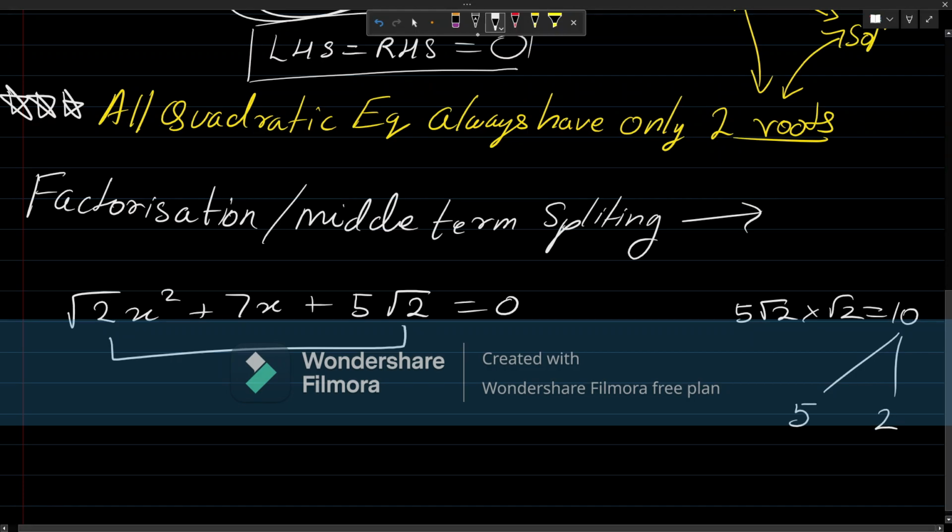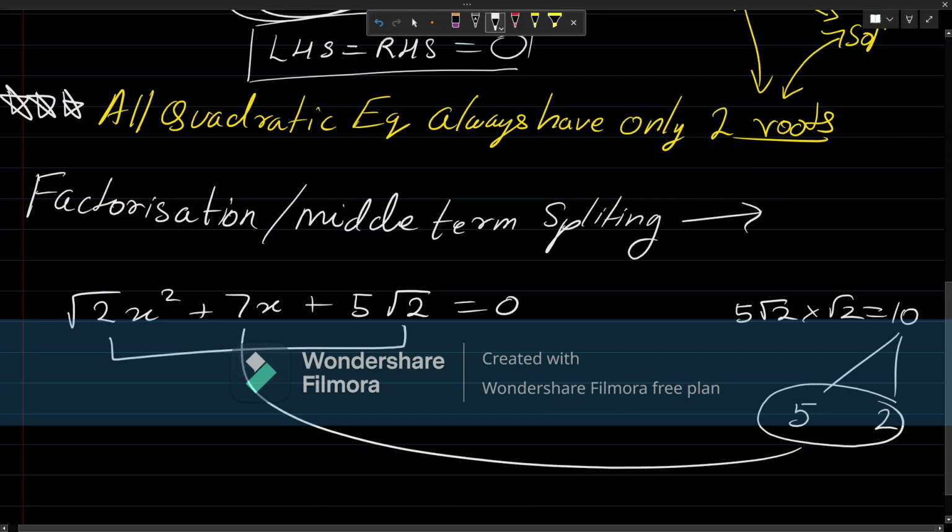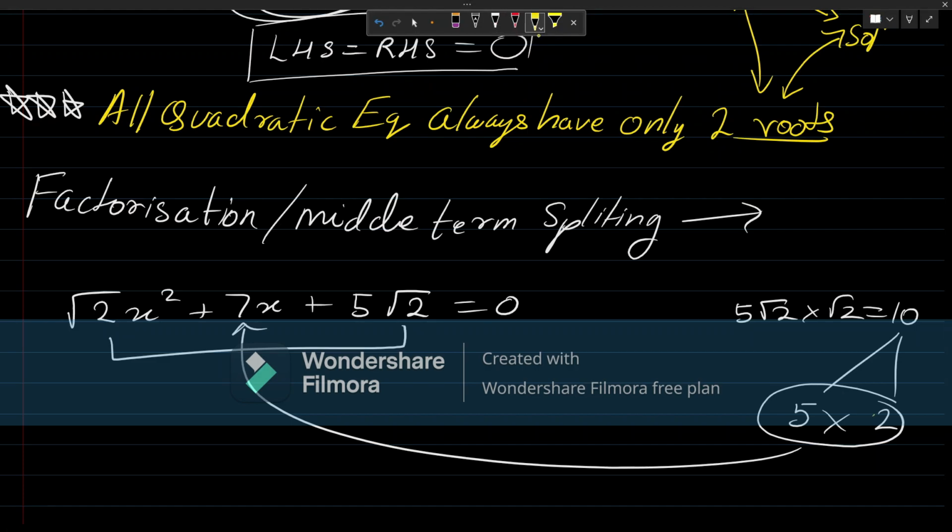You must remember that the sum should be equal to the middle term, and the multiplication should be equal to 10, or any other number that you find after multiplying these two numbers. So keep that in mind.